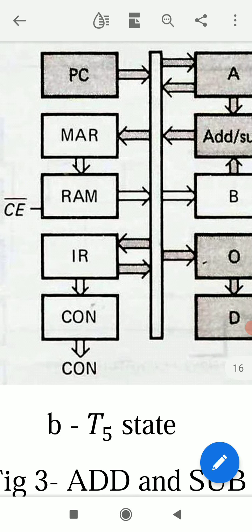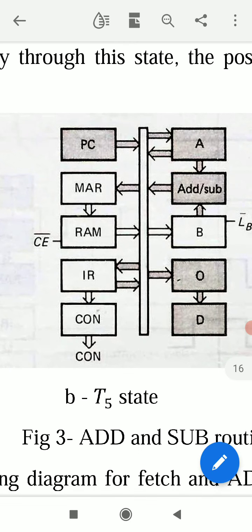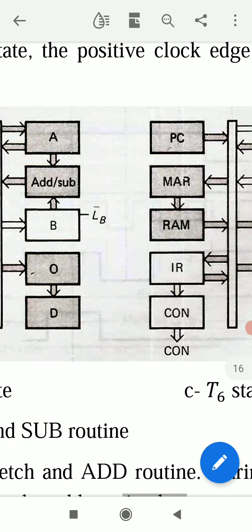So active bits in this T5 state are CE bar and LB bar, and active parts are MAR, RAM, IR, CON and B register. All other parts are inactive, that are shown by dark region. So this is the T5 state.